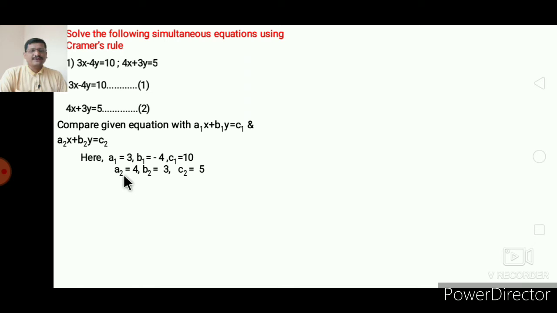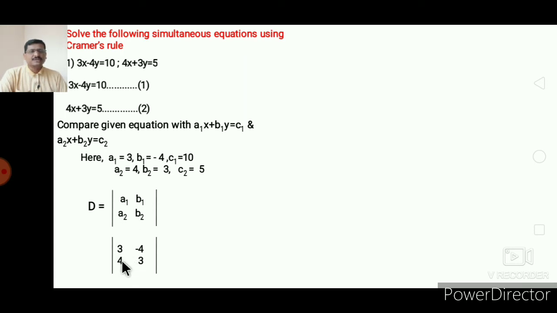Similarly, the value of a2 is equal to 4, b2 is equal to 3 and c2 is equal to 5. Next step, find the value of D which contains elements a1, a2, b1, b2. Substituting the values of a1, a2, b1, b2 gives 3, 4, minus 4 and 3.